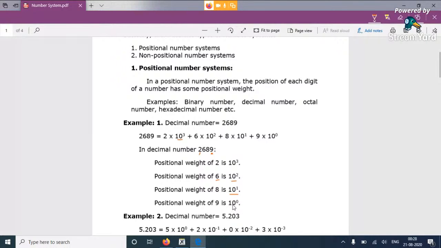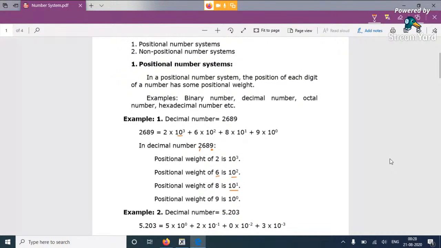So every symbol in this number has its own positional weight. The positional weight of 2 is 1000, of 6 is 100, of 8 is 10, and of 9 is 1. So for every symbol or digit used in any number, its weight basically depends on at which place the symbol has been placed.